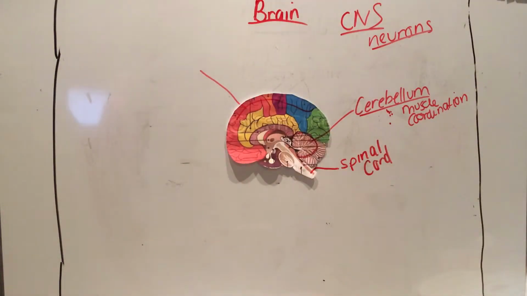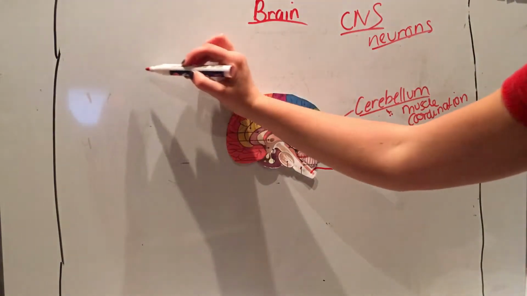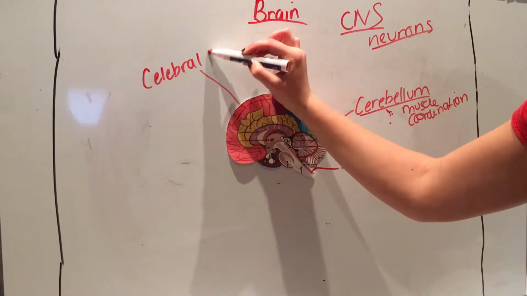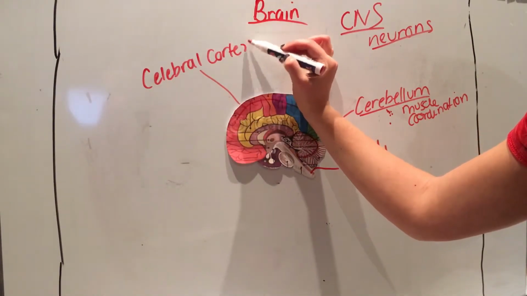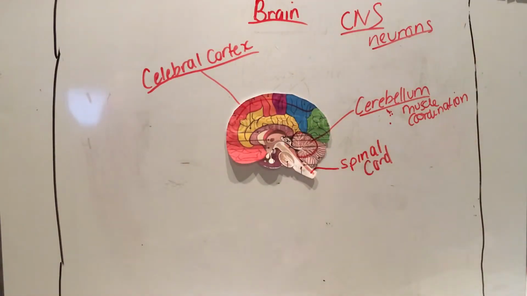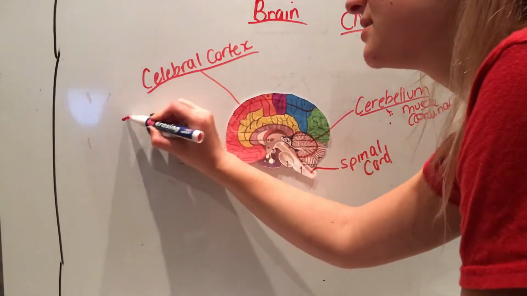The next thing we've got is this part, pretty much. And that is called the cerebral cortex. I'll spell it for you and you can figure out how you exactly say that. I'm quite bad when it comes to speaking, but I can write things. This is responsible for things like consciousness.